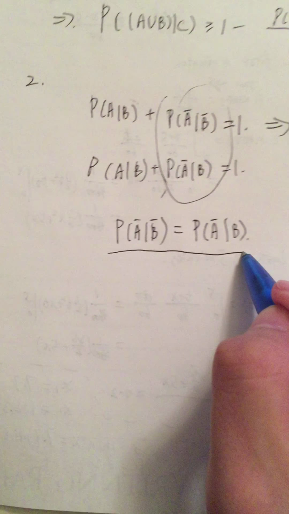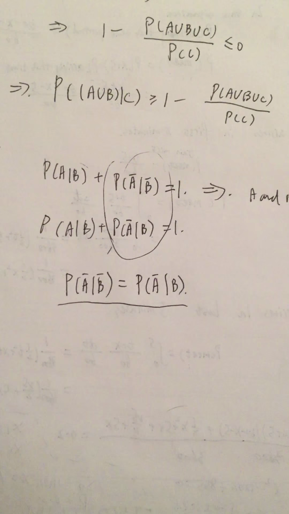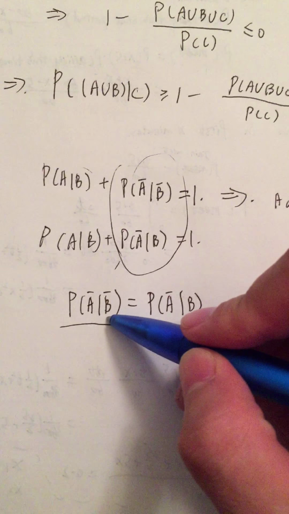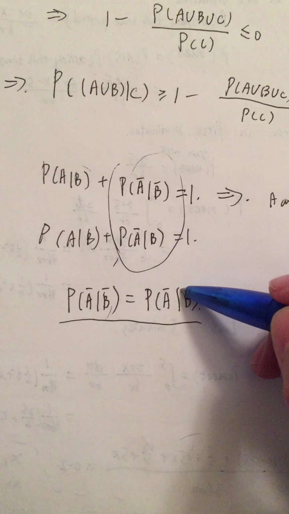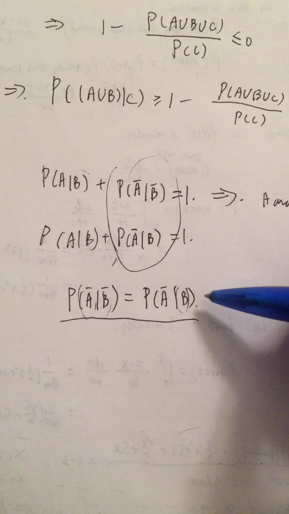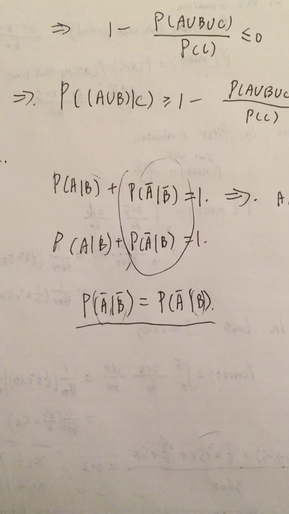Looking at this equation, we know that no matter what the result of B is, the probability of not A is the same.